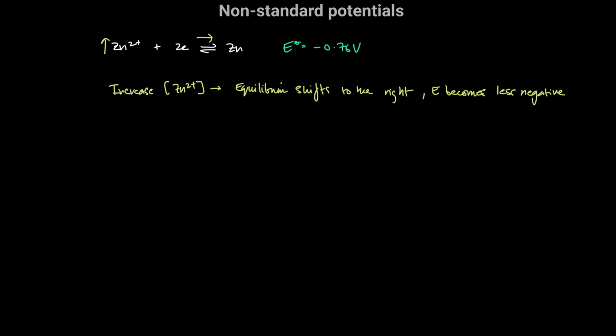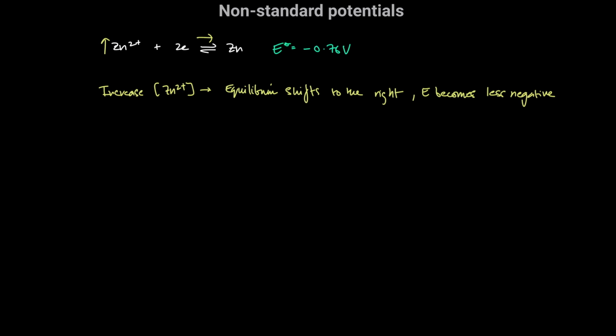Similarly, if I do the opposite, if I decrease the concentration of Zn2+, then what would happen? The equilibrium will shift to the left and E will become more negative.